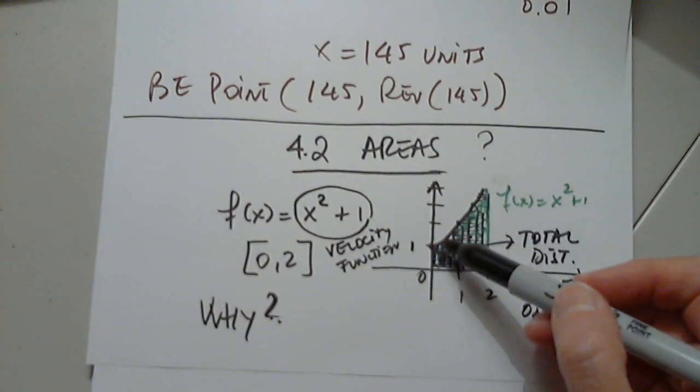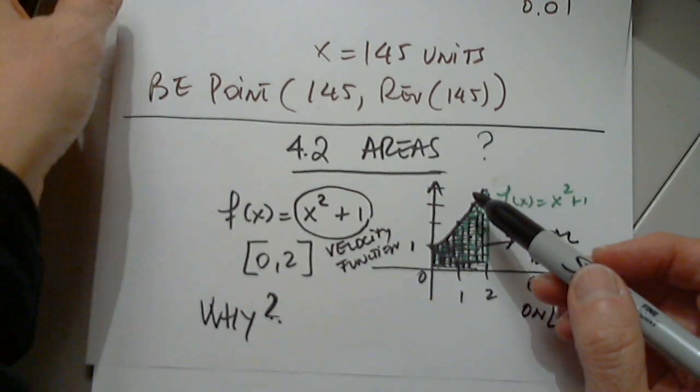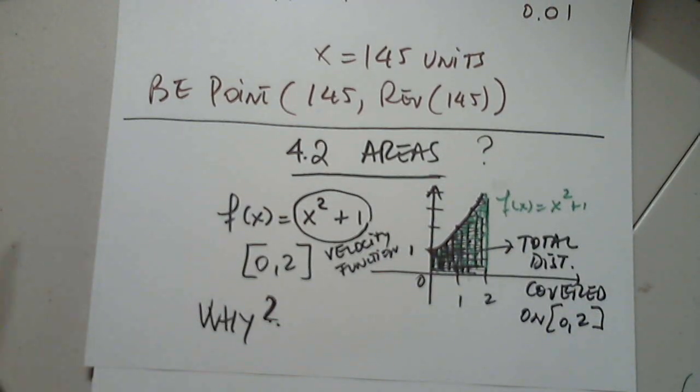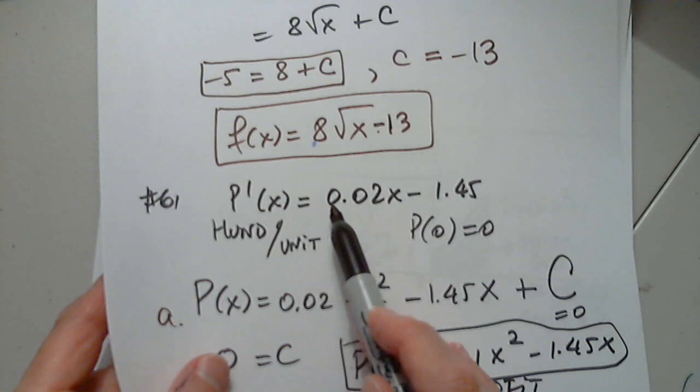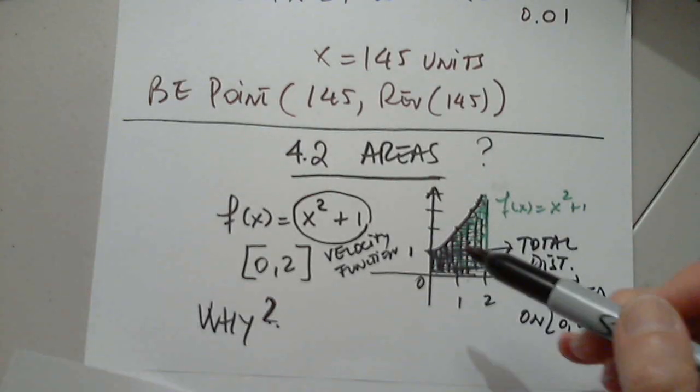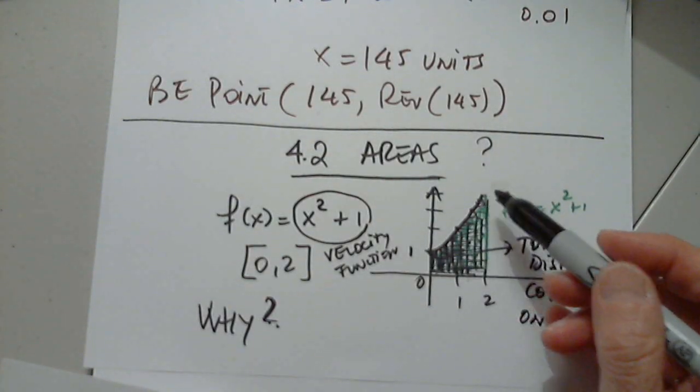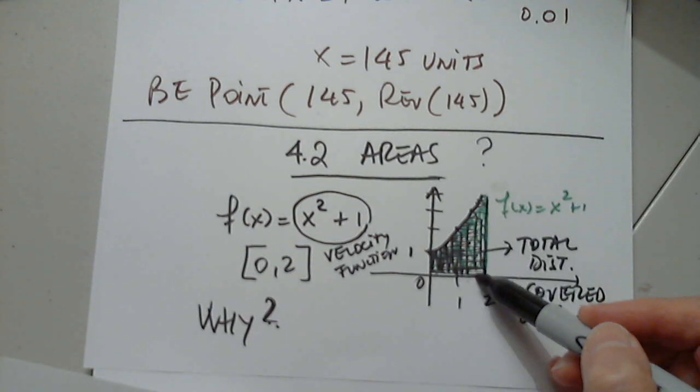Let's say this function is the marginal profit. What do you think the area will represent?